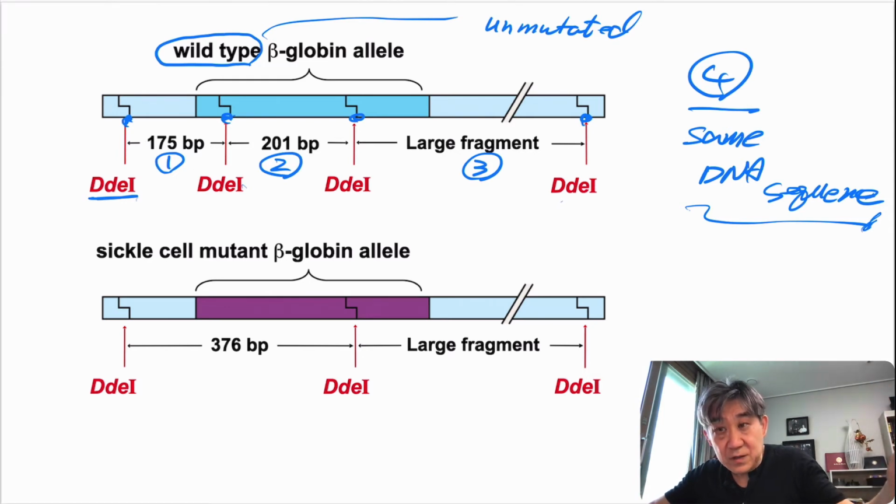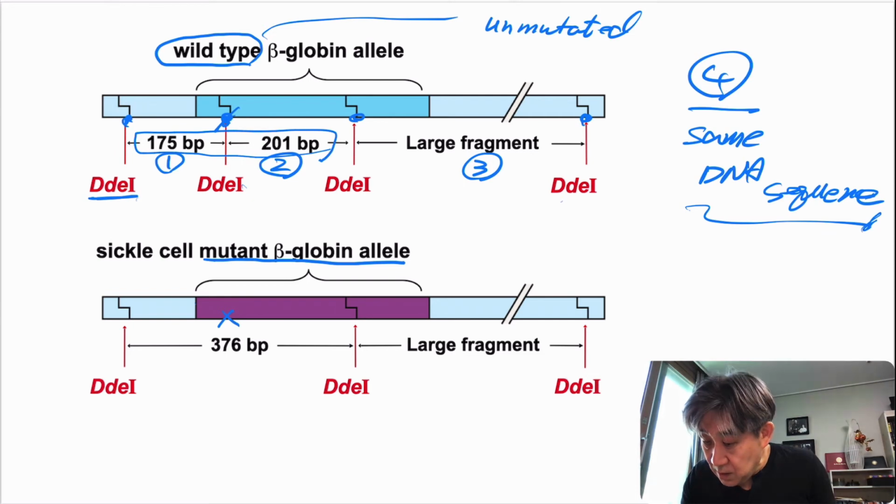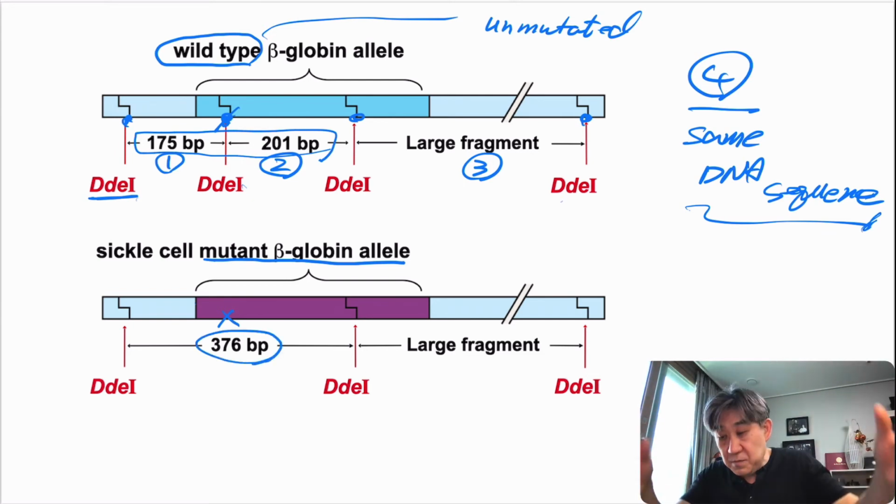There's one large fragment. However, in the mutant beta globin allele, this particular site is missing, so it's gone here. So because of that, you have only one fragment, these 175 and 200 base pair combined together, so an intermediate fragment is generated, and still you have one large fragment.